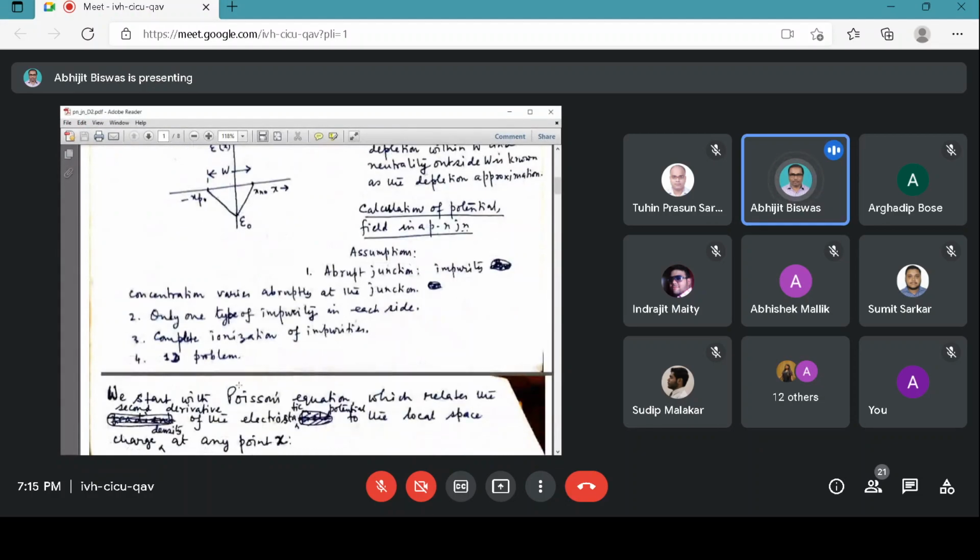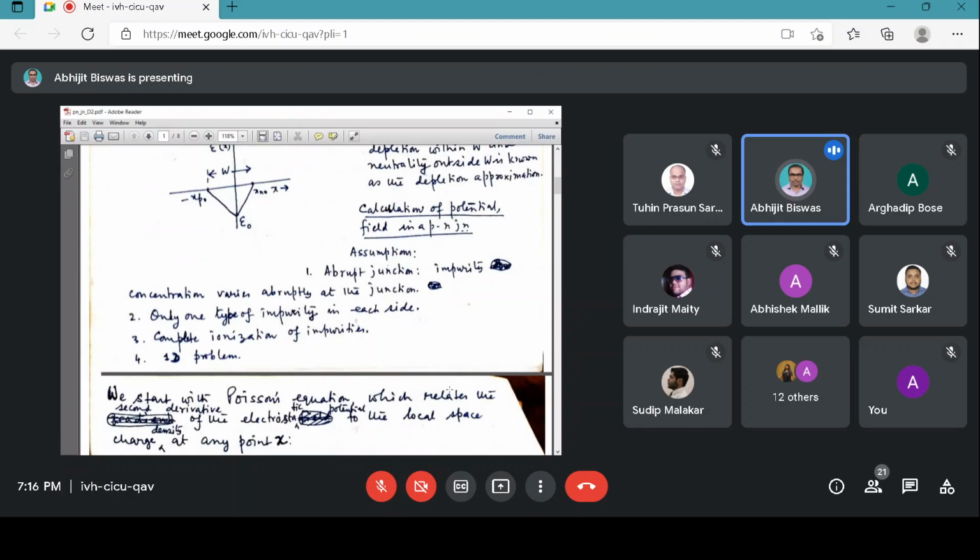Then we'll consider only one type of impurity in each side. Means in the p-type semiconductor we assume that all impurities are of p-type. On the n side, similarly, all the impurities are donors, means n-type. Next, complete ionization of impurities. There is no partial ionization of impurities.